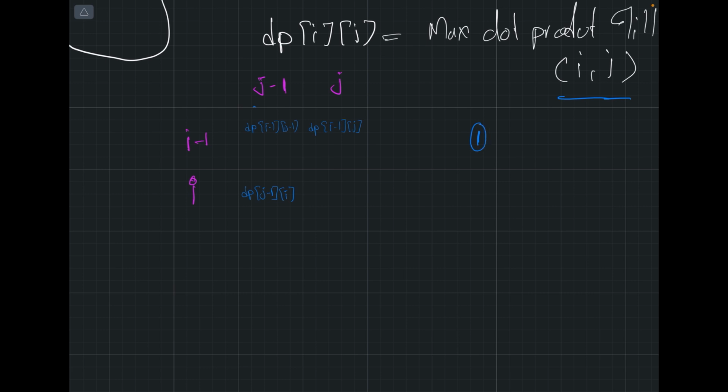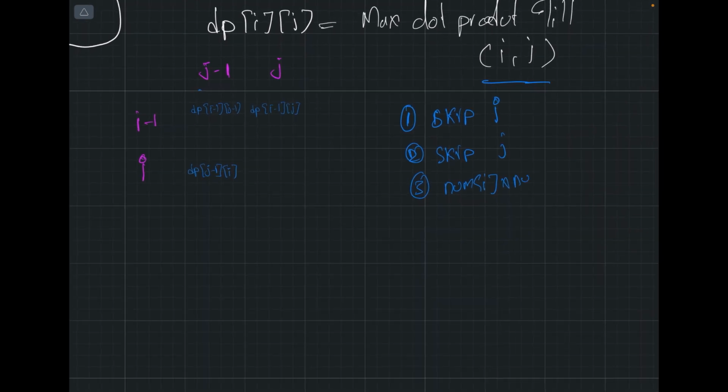What was the first condition? In recursive DP, one time we will keep i, second time we will skip j to get the answer. Third time we will take nums of i into nums of j for the dot product plus solve of i plus 1, j plus 1.